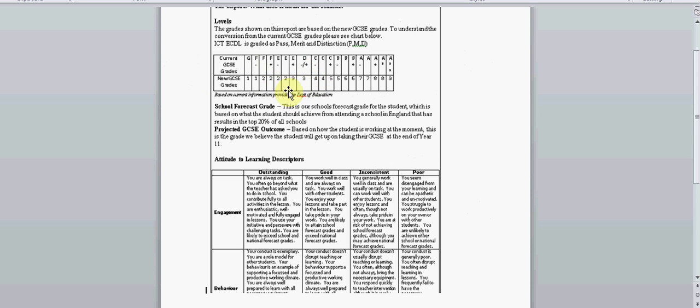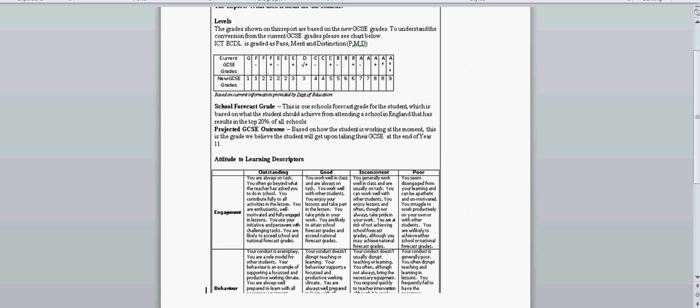But roughly, a 4 will be a low C, a 5 will be a high C, 6s will be Bs, 7s will be As or low As, 8s will be a high A or an A star, and then we will have a 9 as being the new A double star. That will give you a rough idea of where we're heading for. I can't promise that that will be true in 2 years' time, or let alone 5 years' time. Things are changing rapidly, but this is what we're working with at the moment.